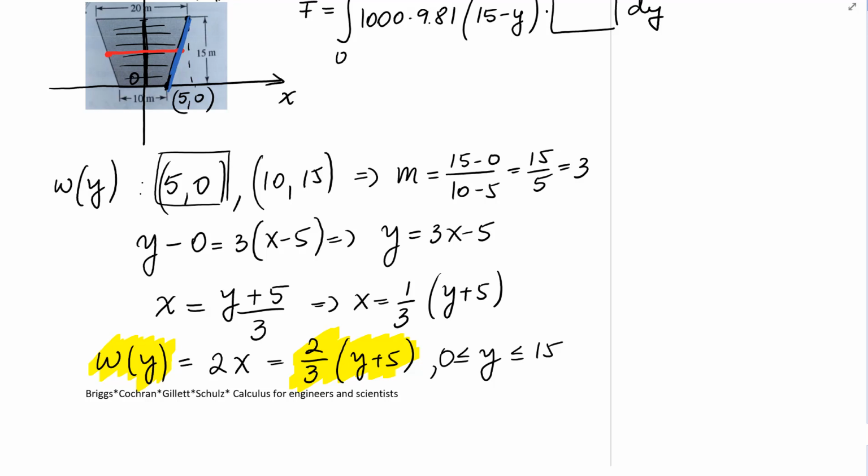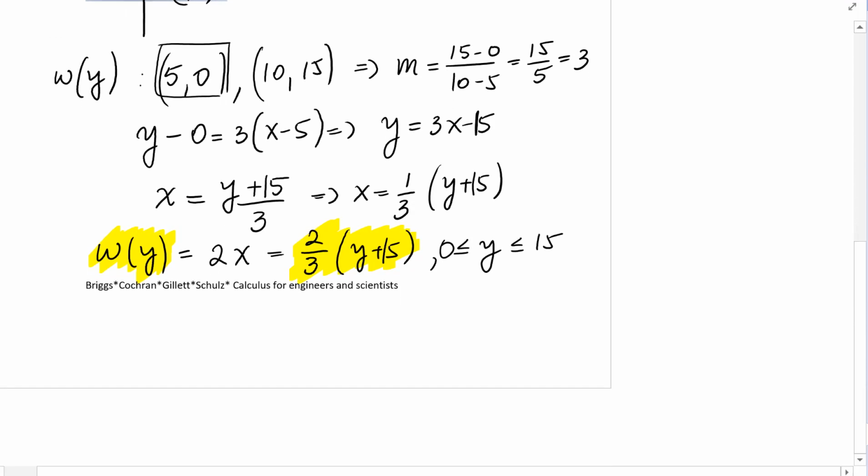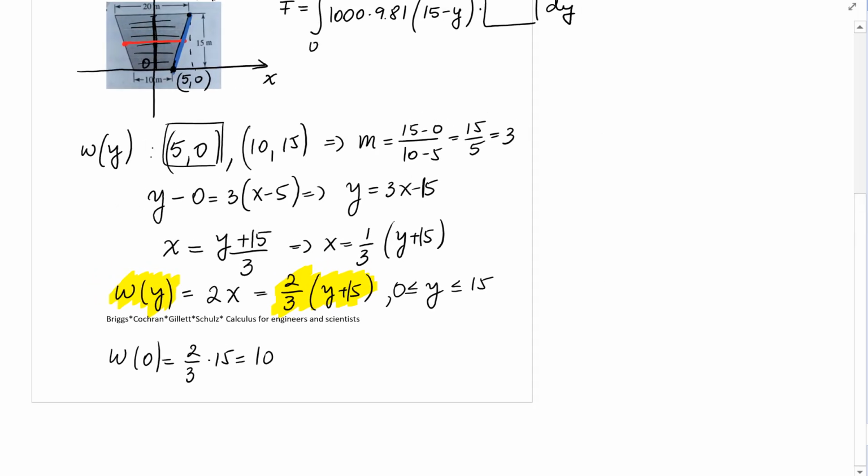I actually made a mistake. Y here is actually 3x minus 15. So x is going to be y plus 15 over 3. So plus 15. I was getting an error there, so I was wondering why. So basically, if we calculate w of 0, we get 2 over 3 times 15, which is 10.